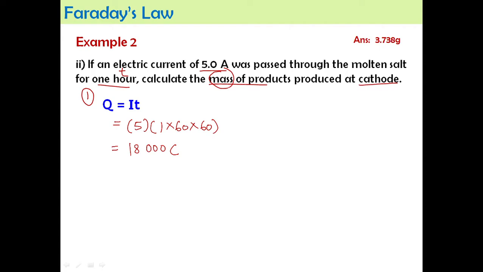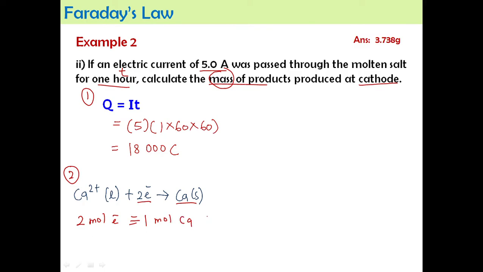What is our second step? The equation at cathode. Tadi dah tulis kan? So salin je balik. This is the equation. So from this equation kita dapat relationship between electron dengan calcium, our product. So from this equation, 2 mol of electron discharge akan menghasilkan 1 mol calcium.